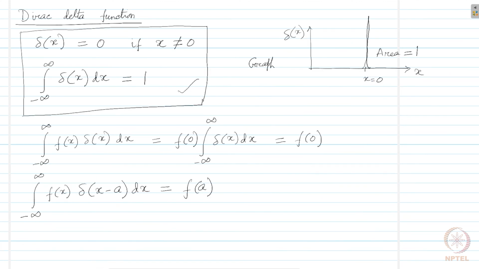And now, let us consider an example of Dirac delta. We want to evaluate the integral from 0 to 3 of x cube times Dirac delta x minus 2 dx.